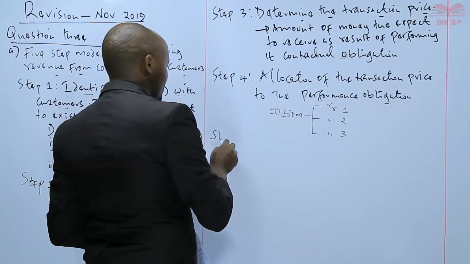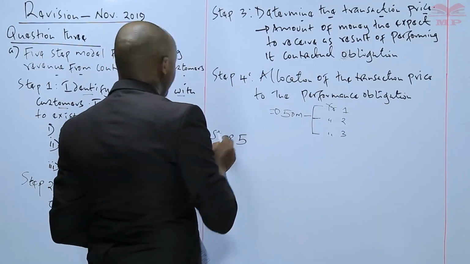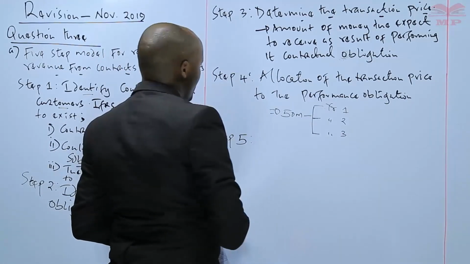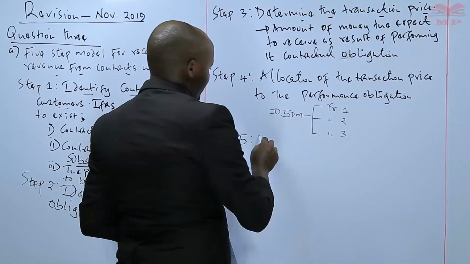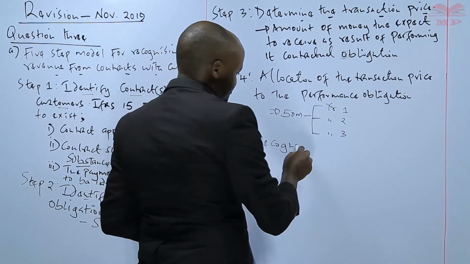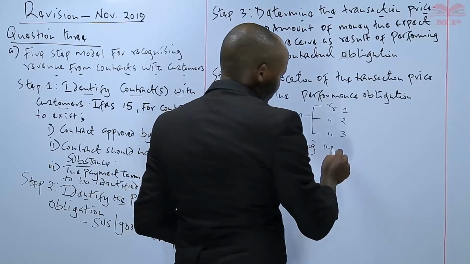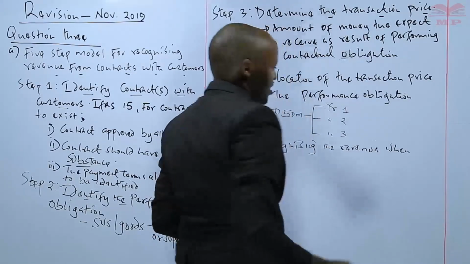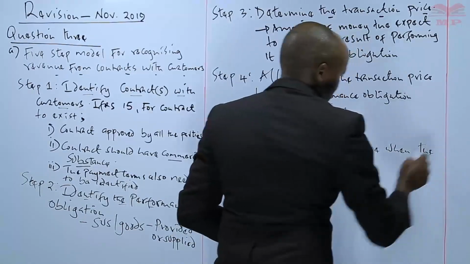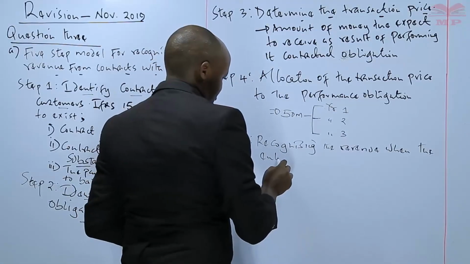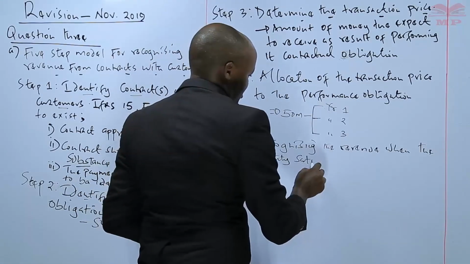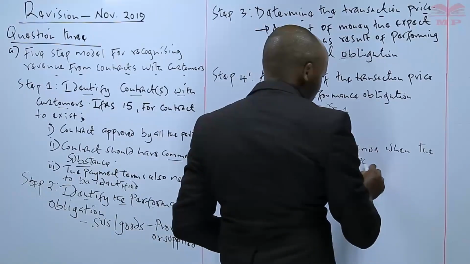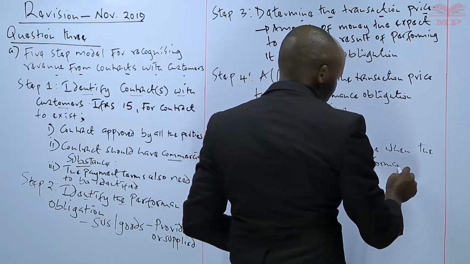And then finally, step number 5, because we have said this 5-step model has 5 steps. Step number 5 entails recognizing the revenue when the entity satisfies the performance obligation.